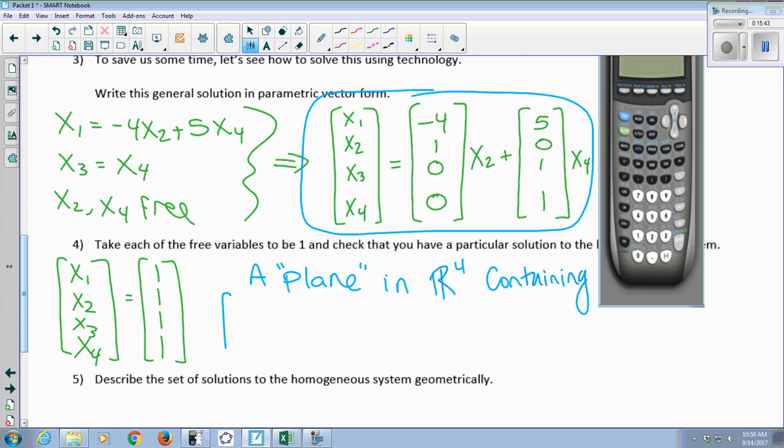So it'll be containing these two vectors, -4, 1, 0, 0, 5, 0, 1, 1, and the origin, 0, 0, 0, 0. So if you could picture R4, you could picture those 3 points and a plane containing them.